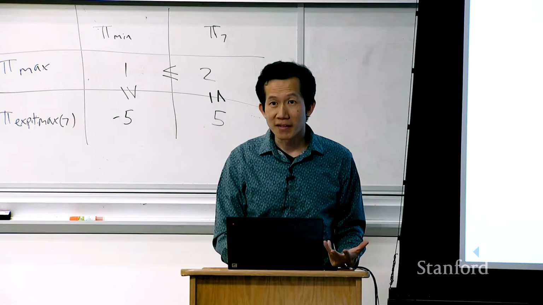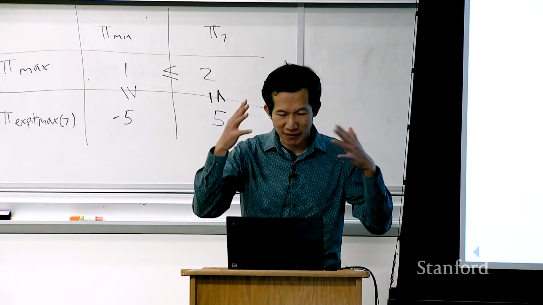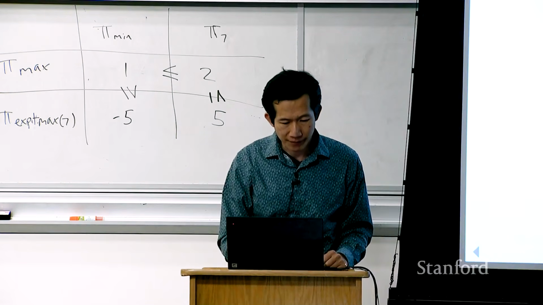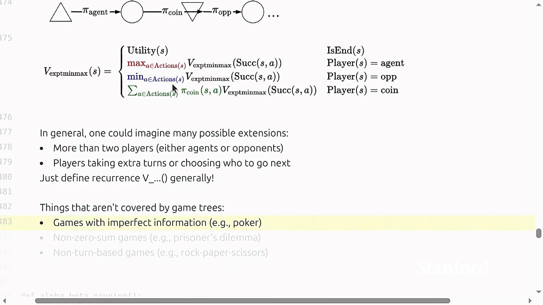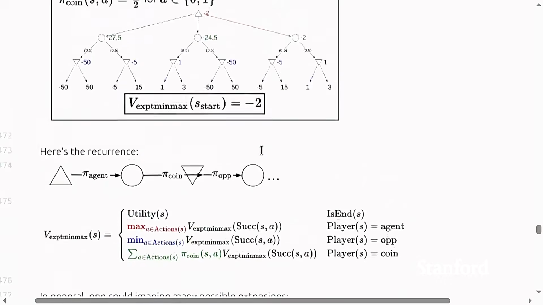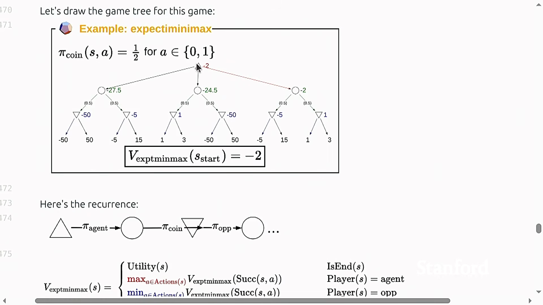So there are a few things that aren't covered by this kind of game tree recurrence framework. This includes games with imperfect information, such as poker or most card games. The reason this is not included is that if you think about these game trees, everything passes through the state, and the state has to have all the information.